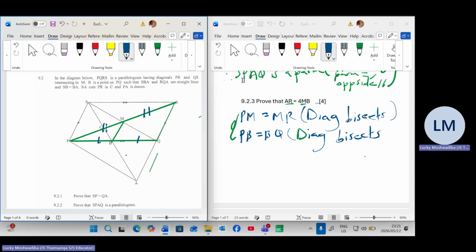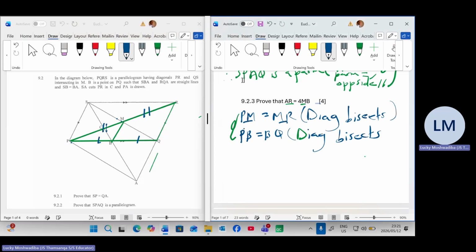We learned in midpoint theorem, if PM is equal to MR and PB is equal to BQ, then we can draw a conclusion. This implies that MB must be parallel to RQ. So you can write your reason converse midpoint theorem, right? Or you can just write midpoint theorem if you are not sure, right?